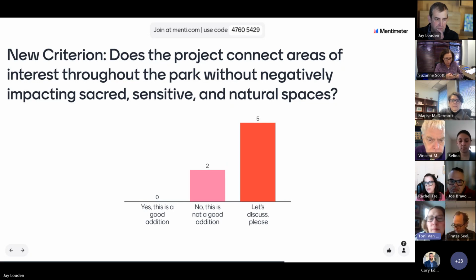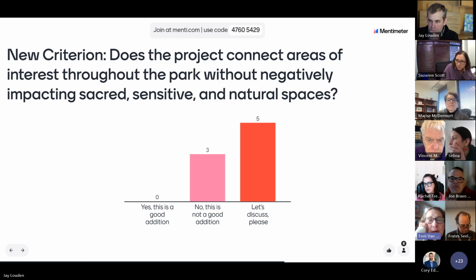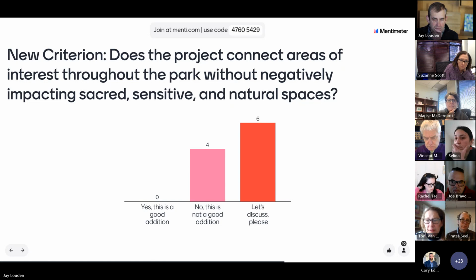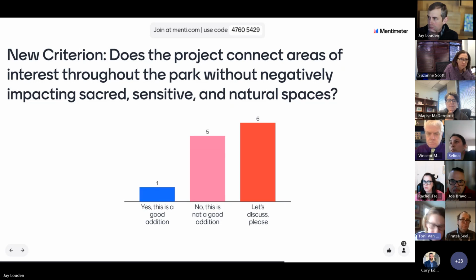Selena helped me with this one. I believe it was about the connectivity more than about what it was. It was about how do we get through the park and honor all the different uses. It goes back to the use of spaces. Was I right on that, Selena? Yeah.